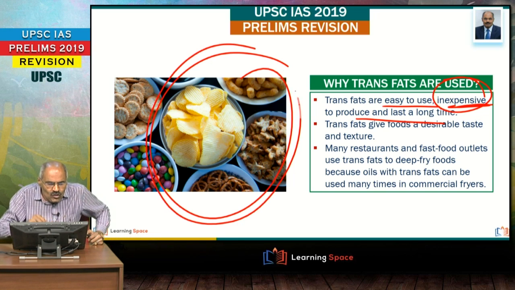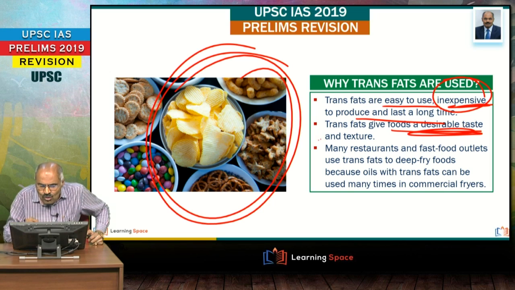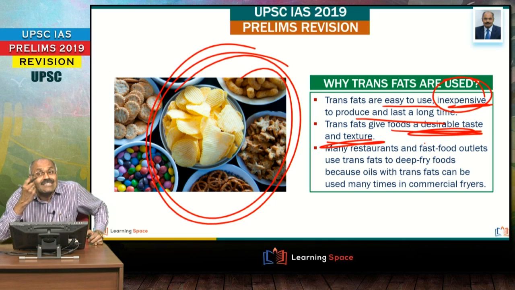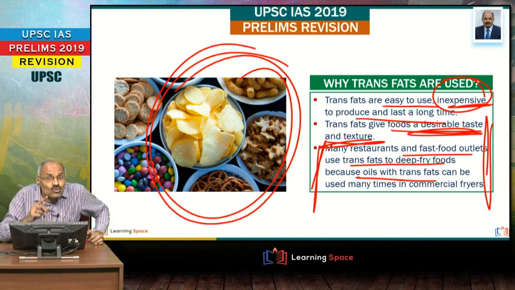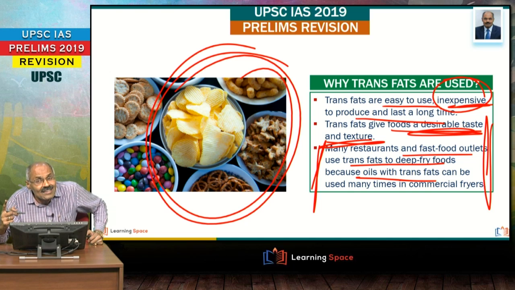And the second most important aspect is, because of trans fats you get some sort of desirable taste and texture. This is the most important aspect, and many restaurants and fast food outlets use trans fats to deep fry foods because they can be used a number of times in the deep fryers, commercial fryers, right?